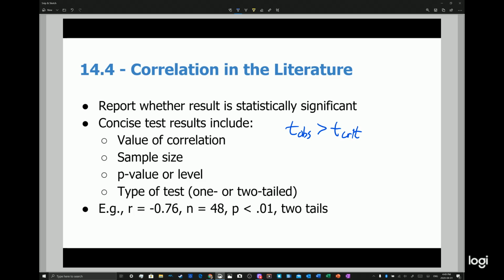You can refer to your formulas for this and practice with them.